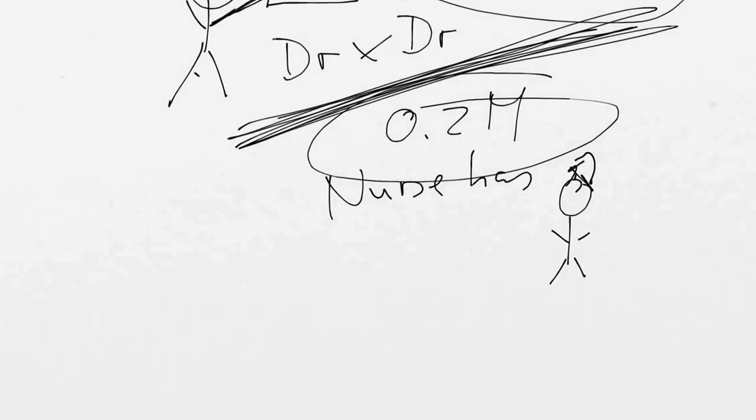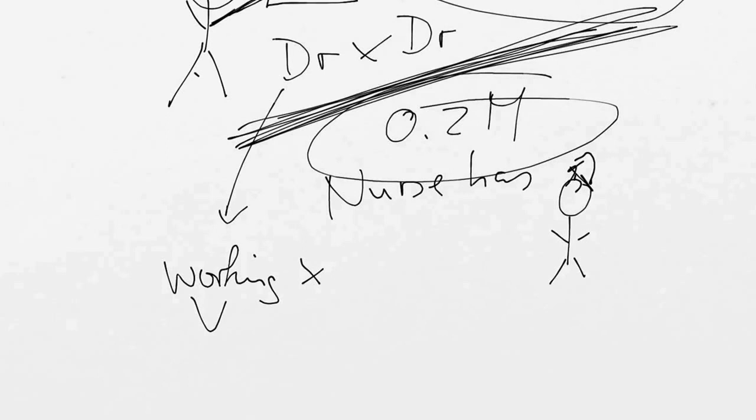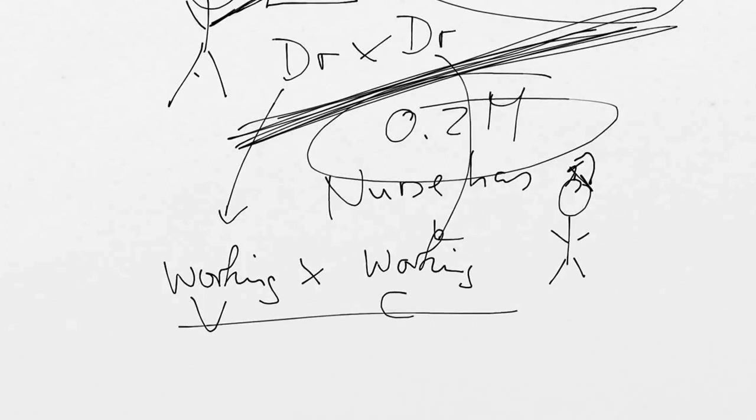So, working volume times working concentration, that's the other doctor, divided by what the nurse has, that's the stock. It helps me to imagine that, because I don't have to remember any horrible equations.